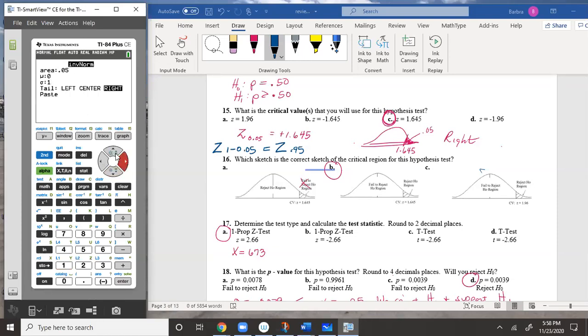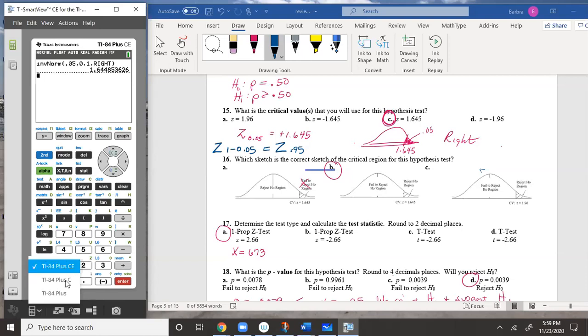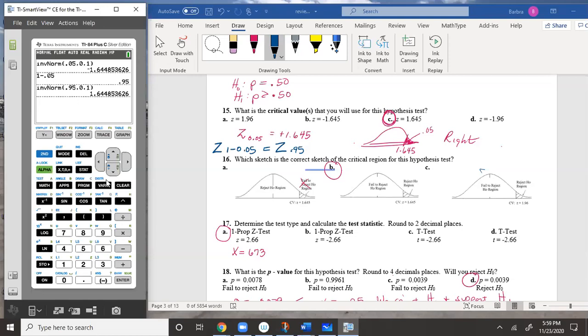This is a right tail test. You choose the tail, paste, and it'll give you a positive z-score. Look at that, 1.645. So you don't have to do complements if you have a CE. But I think most people have the plus, so that's why I use this.